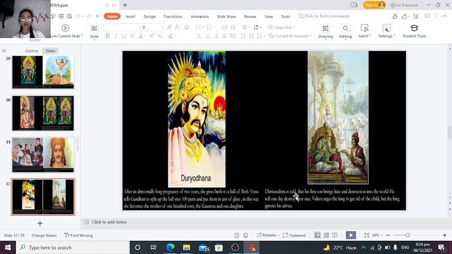Dhritarashtra is told that his first son brings hate and destruction into the world, who is Duryodhana. He will one day destroy the race. Vidura urges the king to get rid of the child, but the king ignores his advice, so Duryodhana is still alive.